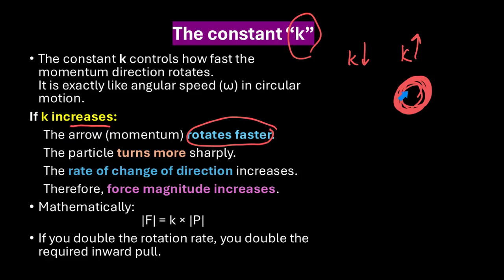The rate of change of direction would increase. Now, when I say rate of change of direction, it means 0 second, 1 second, 2 second, 3 second, 4 second, like that. It would increase dramatically. And therefore, the magnitude of force will also increase to withstand this change in momentum. If you double the rotation rate, you will double the required inward pull.